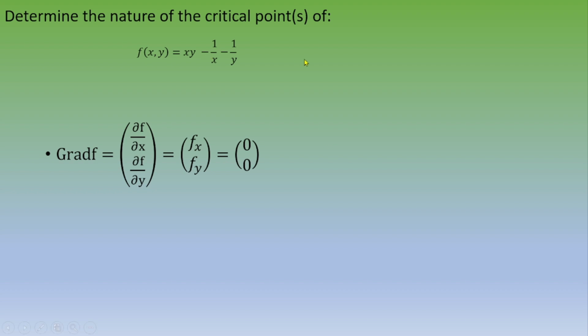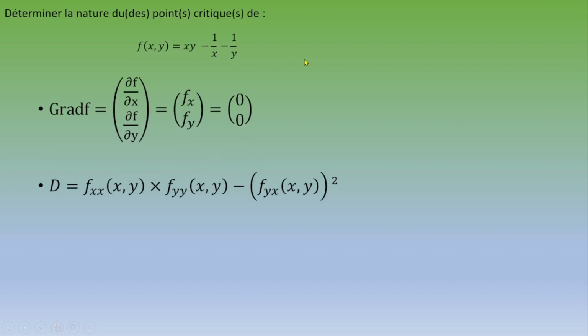Then, to determine the nature of this point, you need to calculate capital D, and this is the second order partial derivative with respect to x times the second order partial derivative with respect to y minus the second order partial derivative with respect to y and to x, squared.